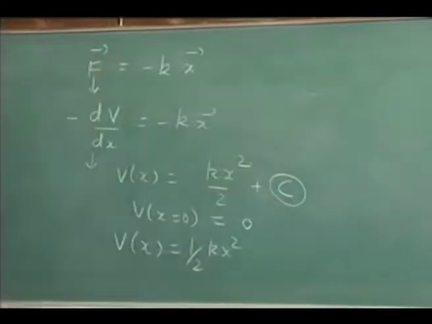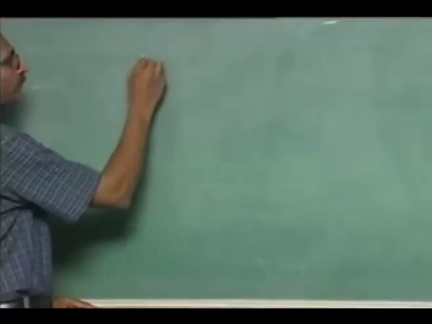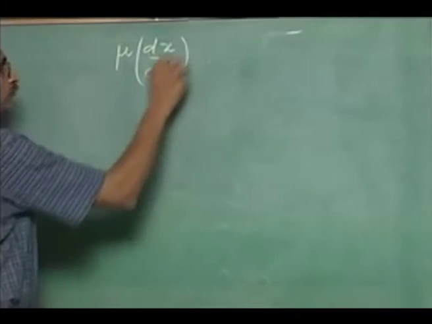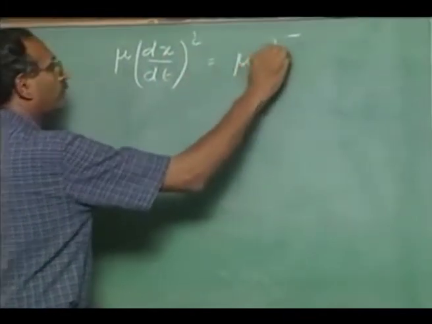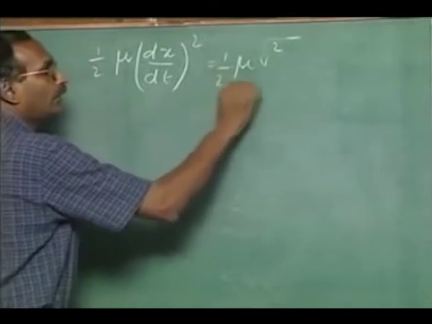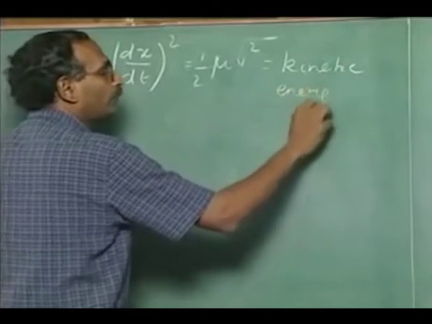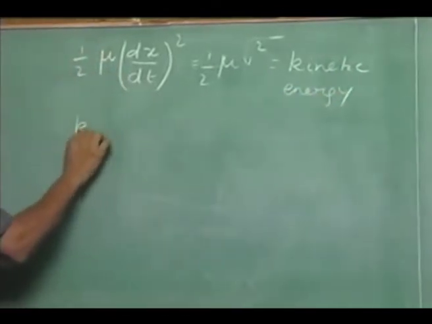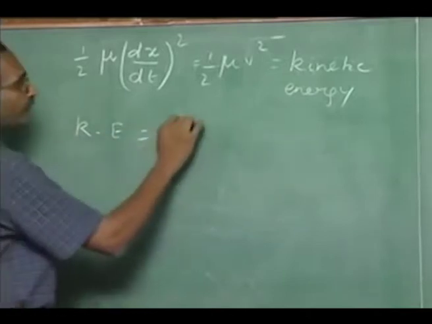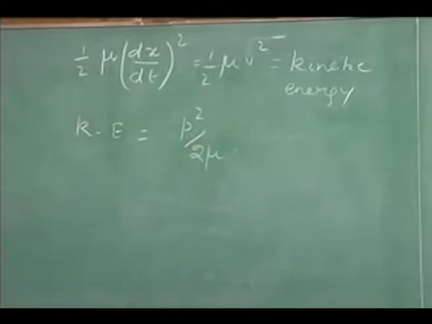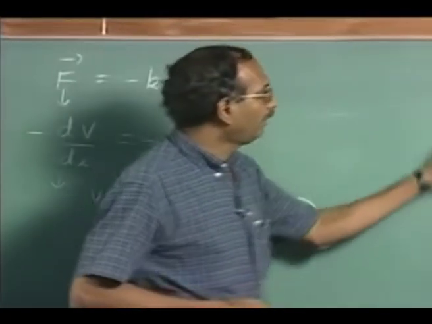And if the oscillator is displaced by x and is associated with motion, then its kinetic energy is half the mass of the oscillator times the square of the derivative of the displacement, that is the velocity: half mu v square. Or in terms of momentum, the kinetic energy can be written as p square by 2 mu, where mu is the mass of the harmonic oscillator associated with the motion.